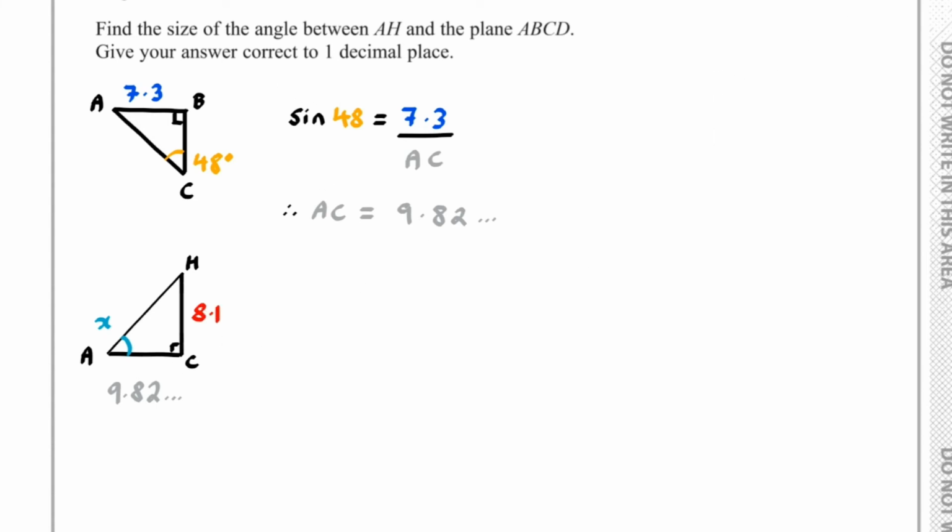So here is that triangle, and to find out x I need to be using tan. So I've got tan x equals 8.1, which is the opposite, divided by AC, which is 9.82, etc.